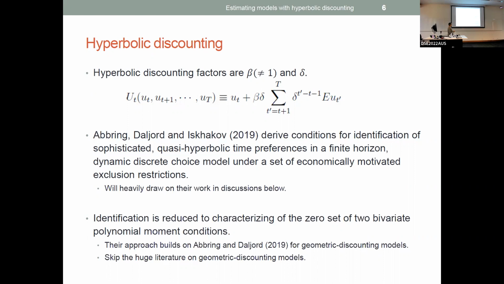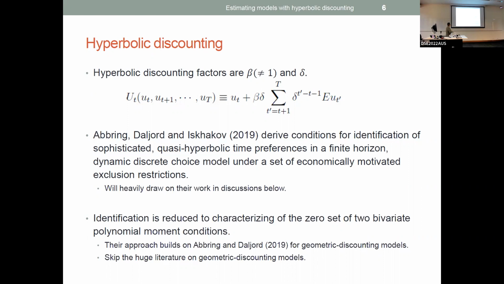The first future period is discounted with a factor beta times delta, and all subsequent periods are discounted by a function of delta. So you get a drop initially, and then it slopes more gradually in all subsequent periods.